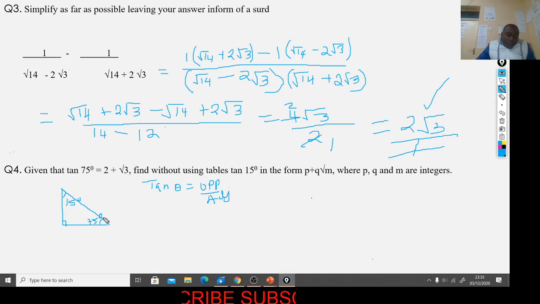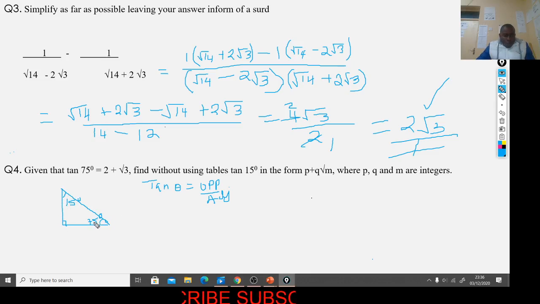I have explained in previous lessons that the opposite of 75 degrees is this line, and the adjacent to it is this line, because this is the hypotenuse.